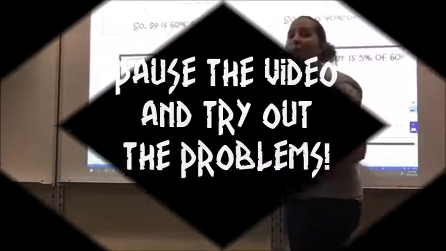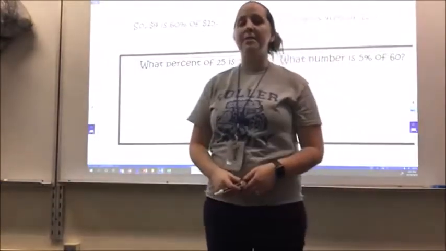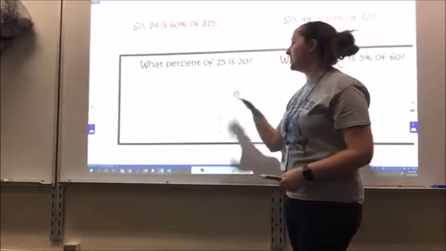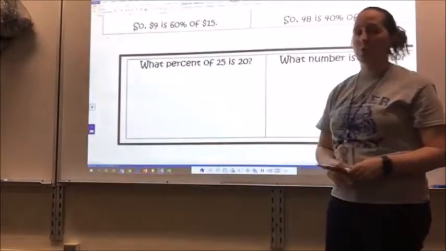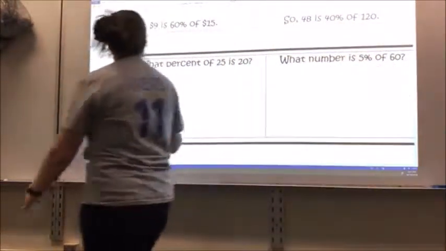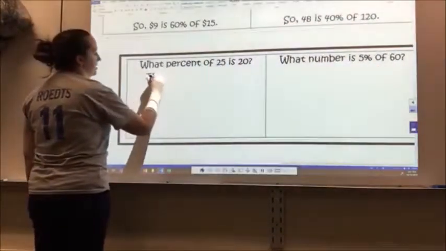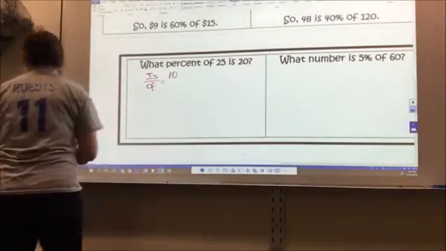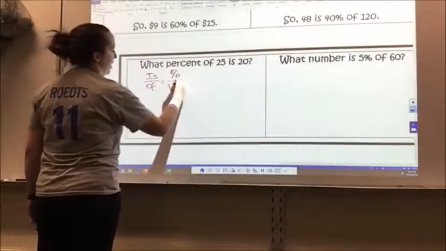All right, now that you've tried out the problems, let's go over the answers together. The first one is what percent of 25 is 20? I'm going to set up my proportion: is over of equals percent over 100.